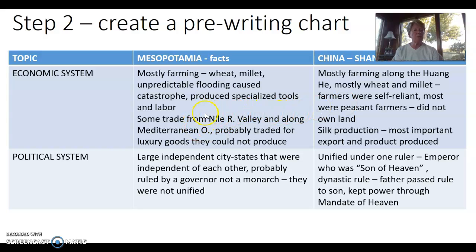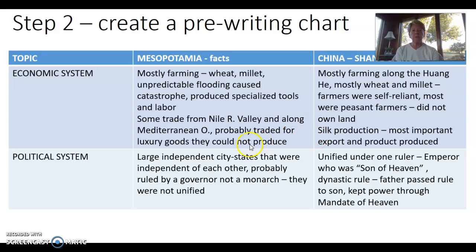The Mesopotamians traded some with the Nile River Valley and perhaps the Indus Valley along the Mediterranean Ocean. And they probably traded for luxury goods and things they could not produce.